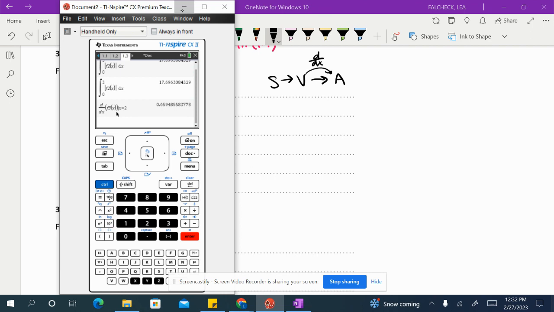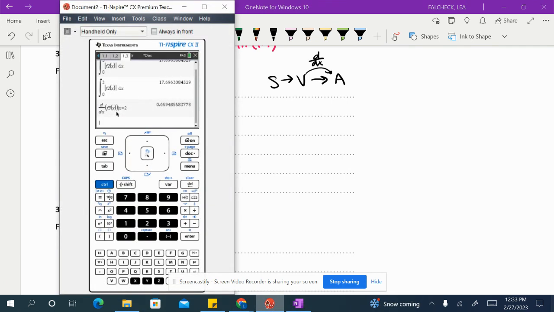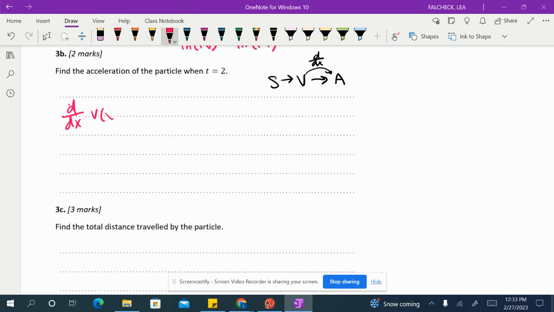So let's go ahead and put that in our work here, right? What should we say? Let's see. We took d/dx of v of x. We evaluate it when t is equal to 2.